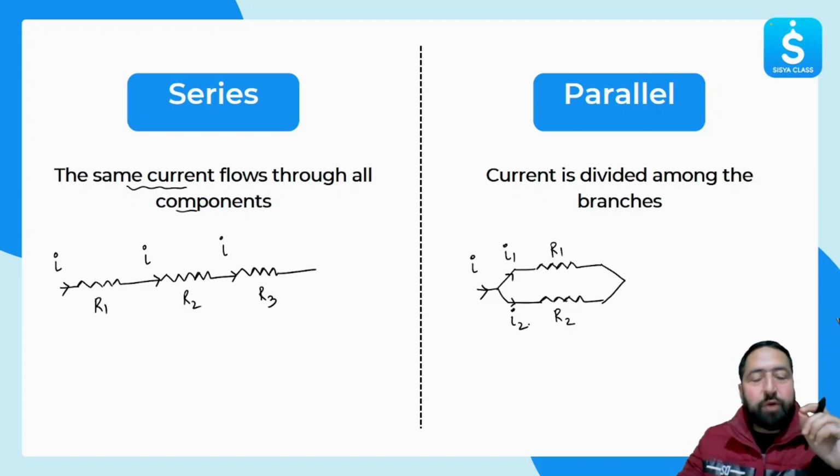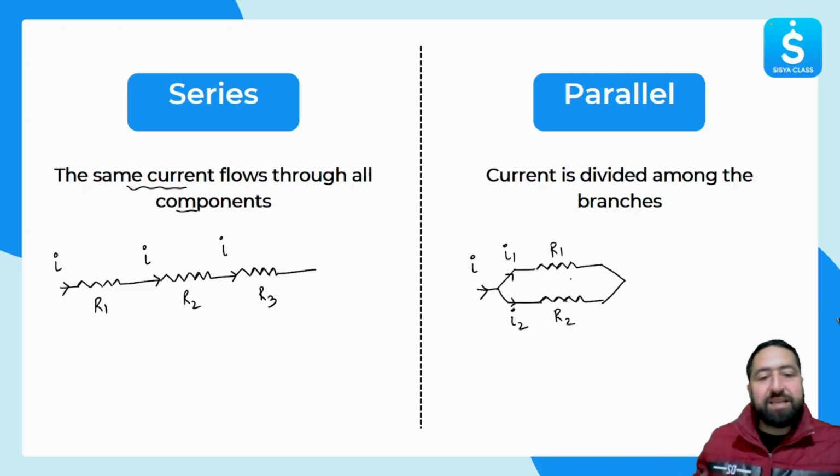Note the point here: if these resistors have the same resistance, for example 10 ohms and 10 ohms, then the current will be divided equally. But if the resistances are different, the current will not be divided equally. Through the lower resistance, the current will be higher. We will see that in the question itself. You got it? The current is divided in the parallel connection.